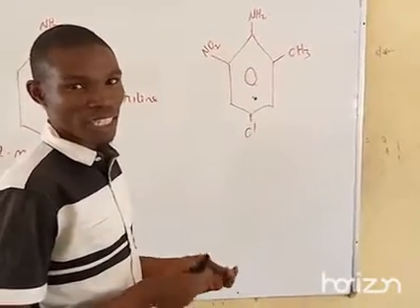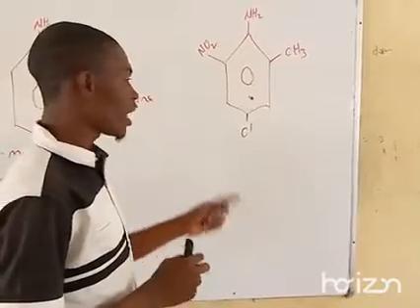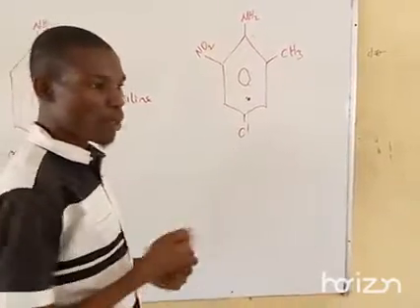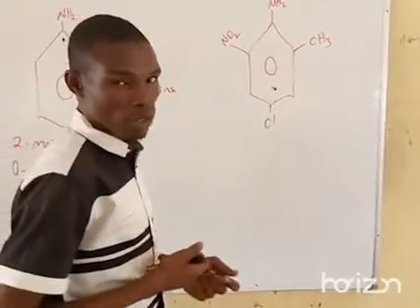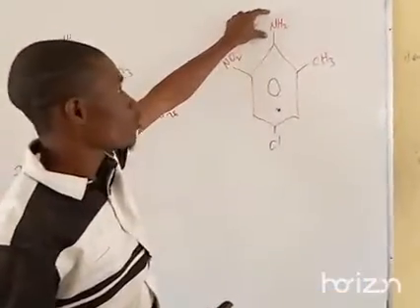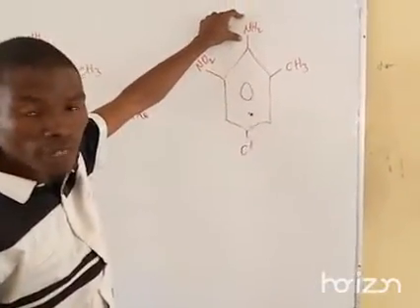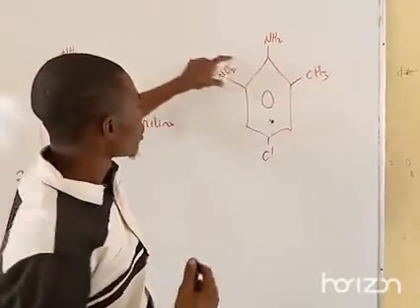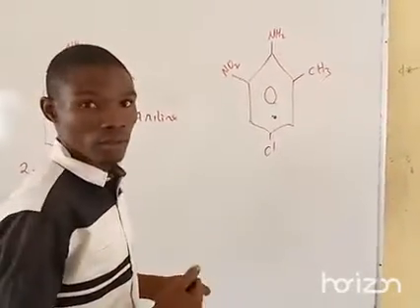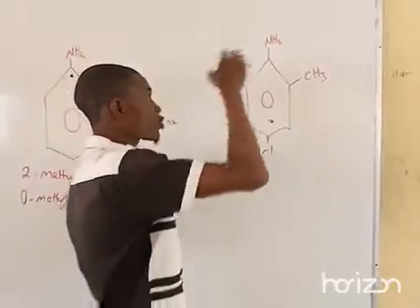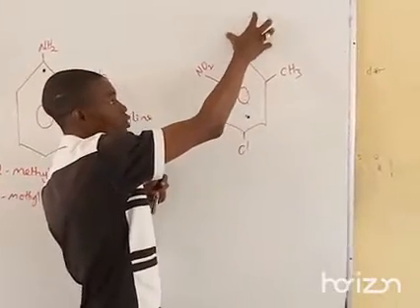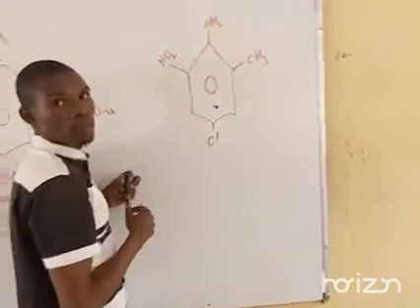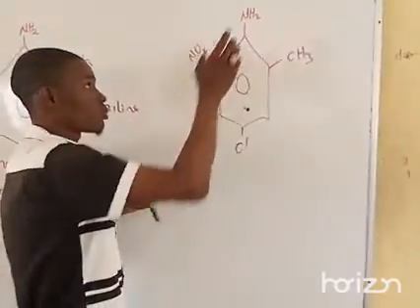So you see, it's negligible. That's what chlorine does. It withdraws by inductive effect and supplies by mesomeric effect, while NH2 supplies completely by mesomeric effect without withdrawing. So the one that is supplying without withdrawing is the first to be considered.